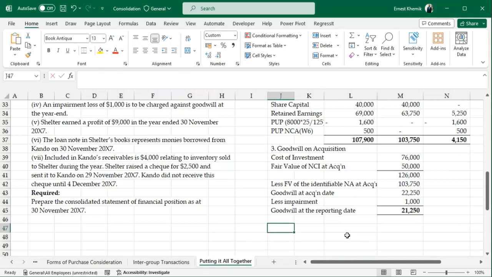Now we go to the workings 4, which is the non-controlling interest, also known as the NCI.